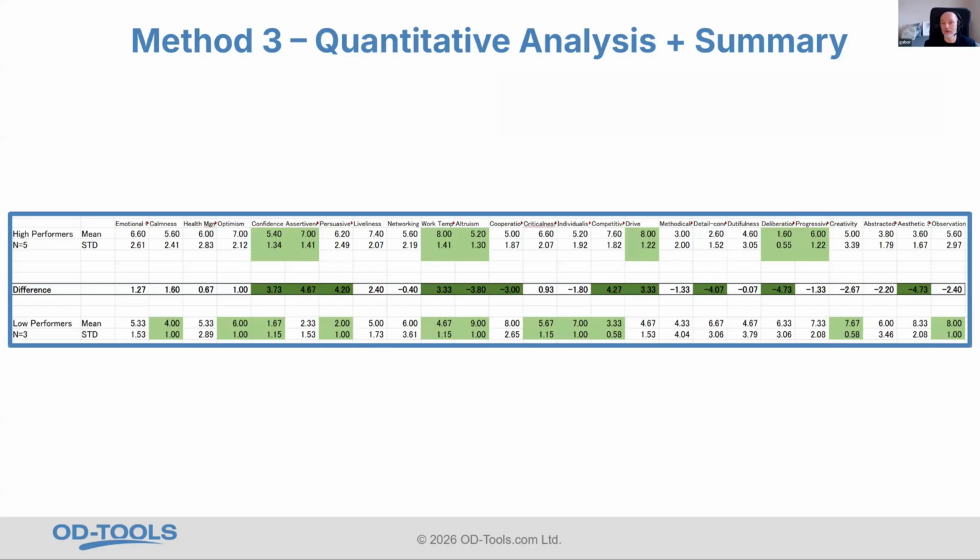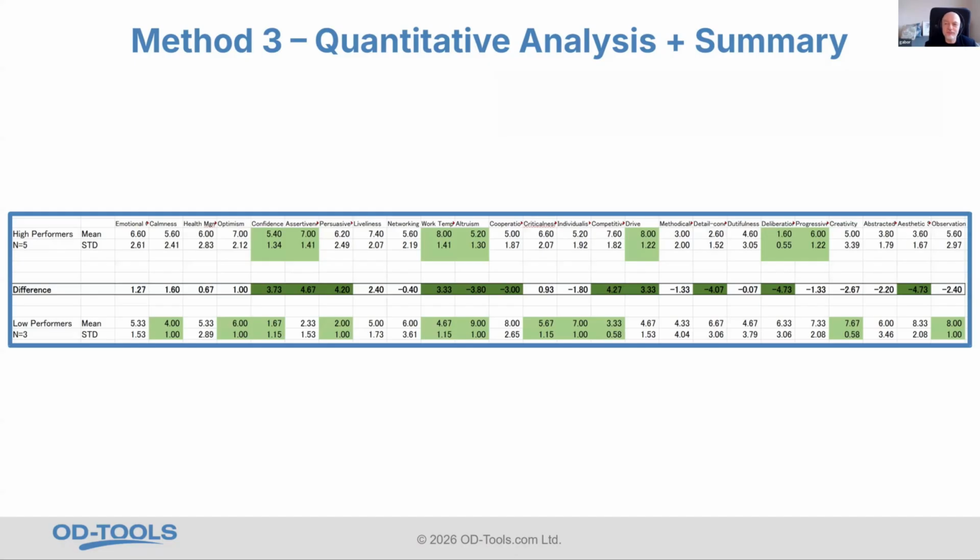And let's see now method 3, the quantitative analysis. There is an article I will share with you where you can see this method described in more detail. But the idea is, when you have just a few candidates, which you will have with most clients, how can you do statistical analysis, because for statistics usually you need bigger data sets.